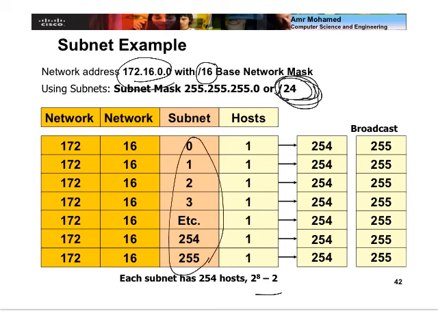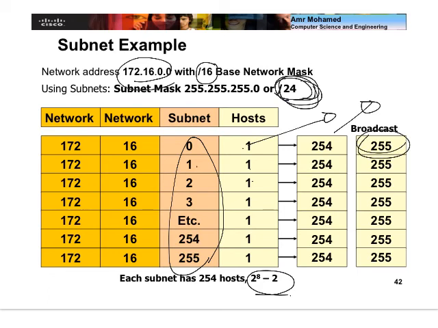Each one will have 254 host addresses that start from 1 all the way to 254. The subnet address will be .0.0 or .1.0 or .2.0 and so on, and the broadcast will have a 255.